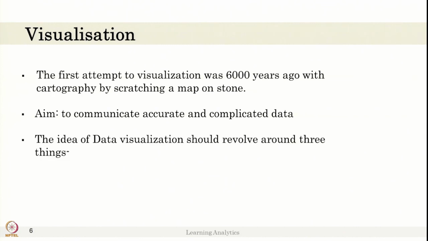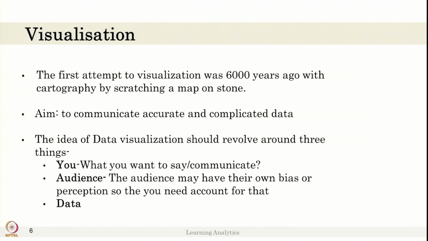The idea of data visualization should revolve around three things. When you want to represent data in graph formats, what are the three important things to consider? The first is what you want to communicate, which is based on your research question, what you want to highlight in this particular topic. The next is the audience.